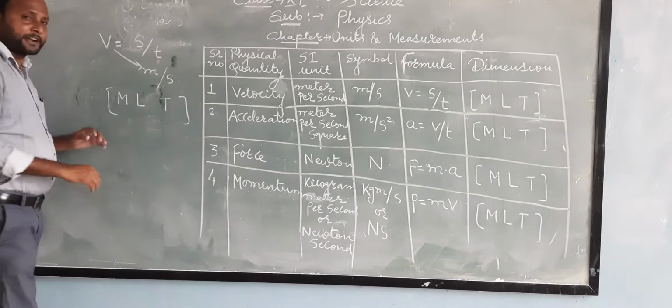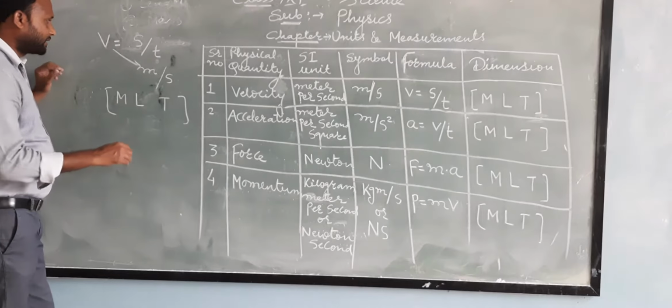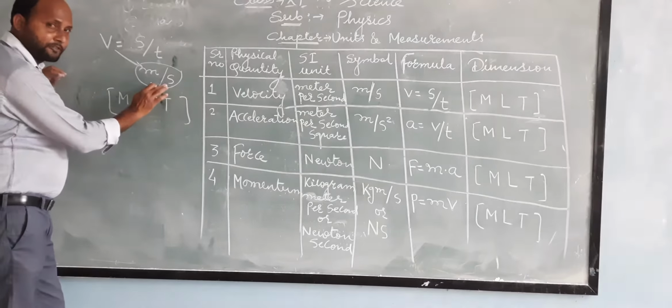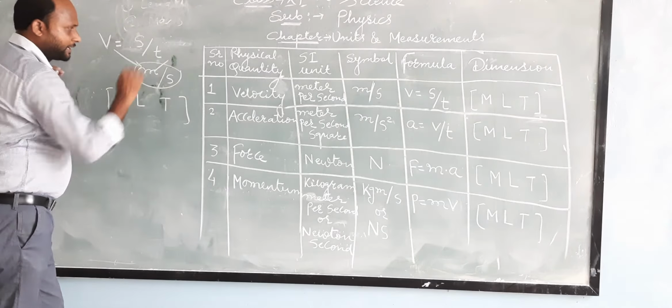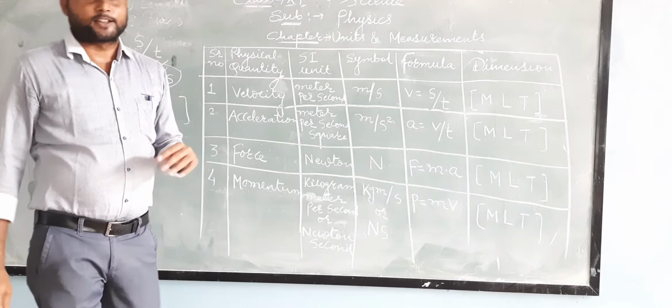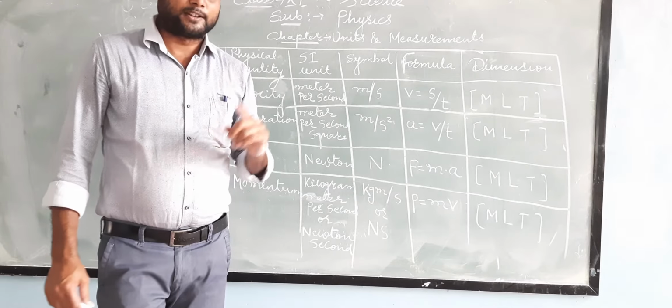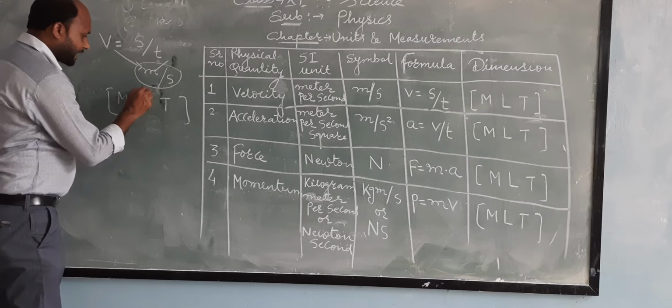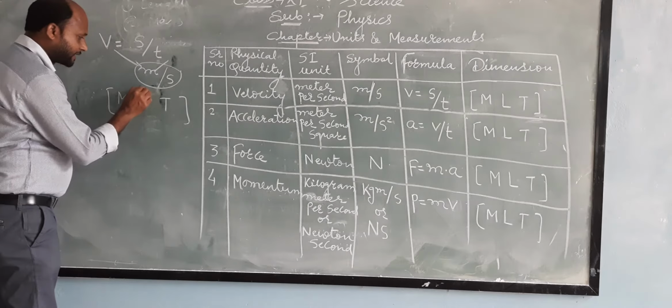Now we are going to find the dimension of velocity. Now listen here. Look at the SI unit of velocity, which is meter per second. So this is meter. मीटर किसका यूनिट है? मीटर लेंथ का यूनिट है. So therefore we can write here L, which stands for length.